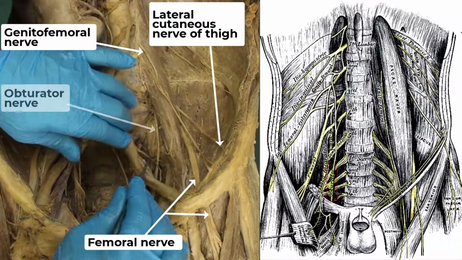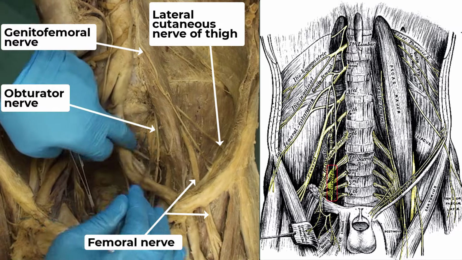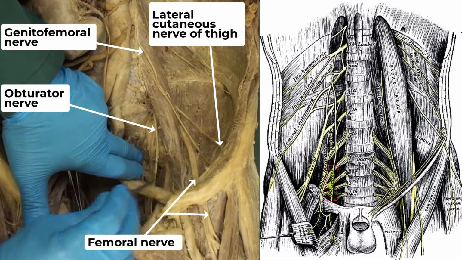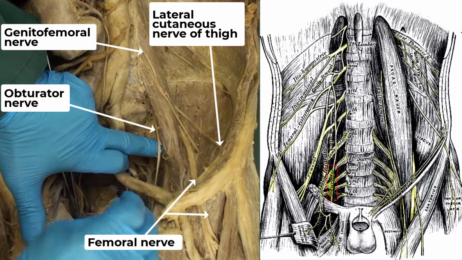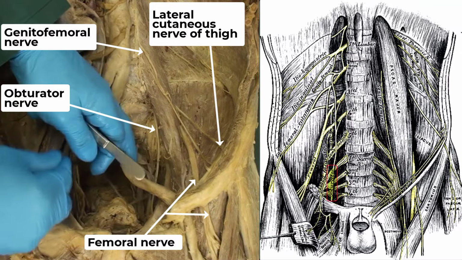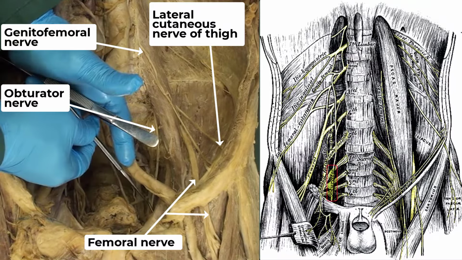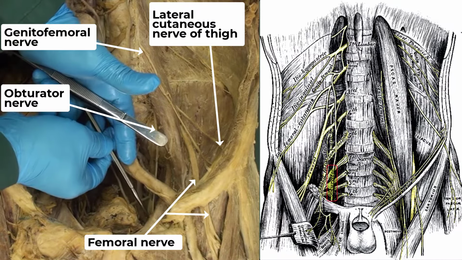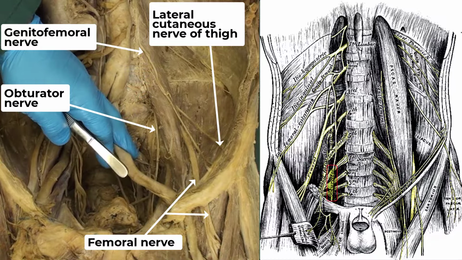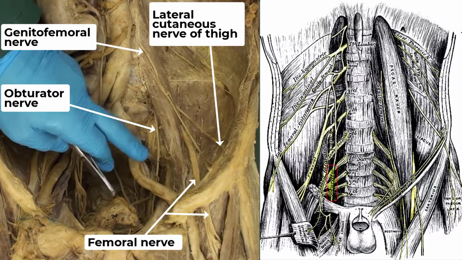Okay, and last but not least, the obturator nerve right here, which runs on the lateral wall of the lesser pelvis, passes through the obturator canal, and supplies the majority of the muscles on the medial side of the thigh, the adductor muscles.